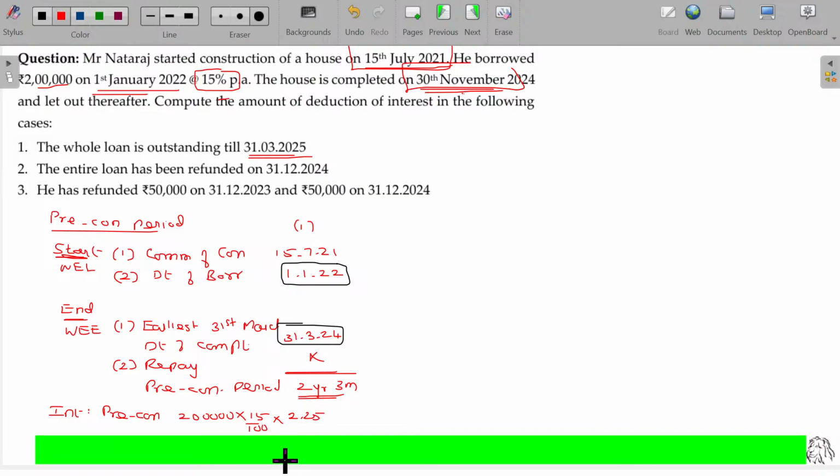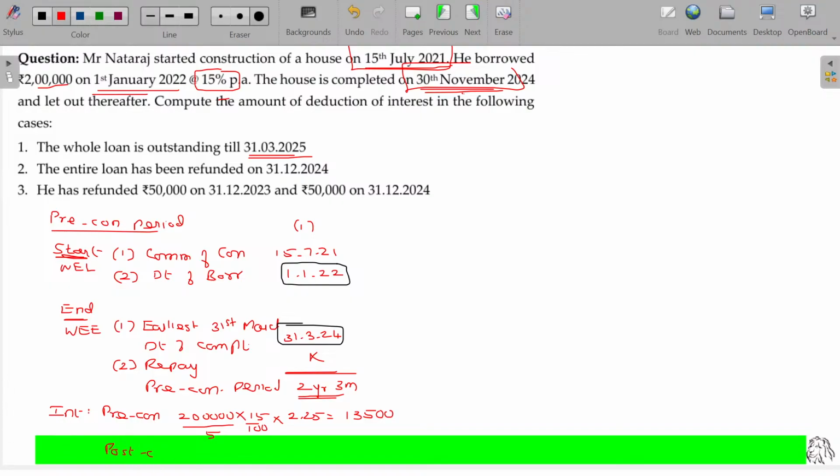It can be amortized over how many years? 5 years. So I divide this by 5. Come on, tell me the value here. 13,500. This 13,500 is adjusted in this year. Apart from that, another 4 years you can adjust 13,500 year after year.